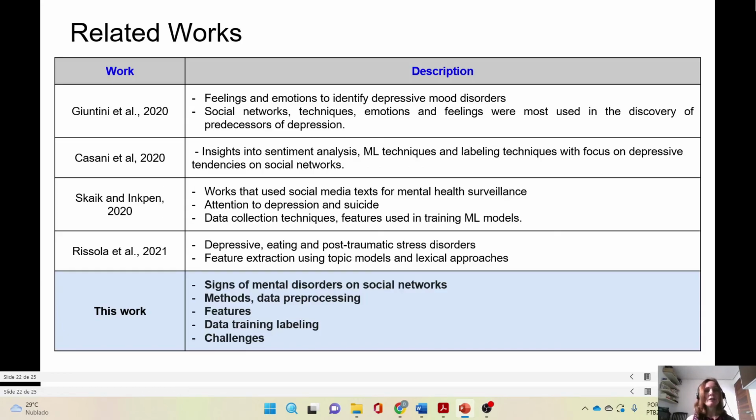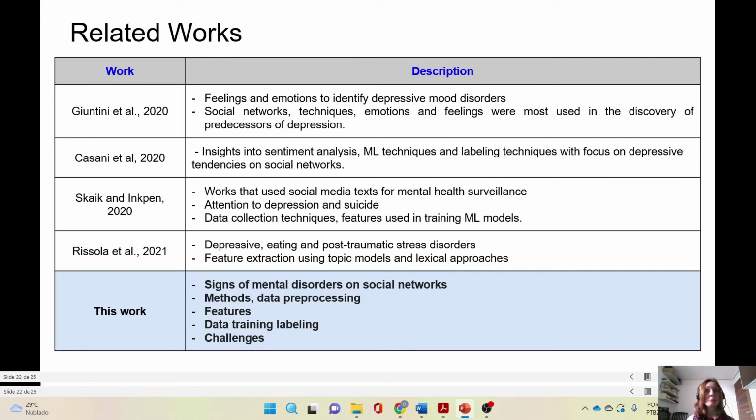Comparing our work with other related ones, we can identify that we provide signs of mental disorders on social networks, differently from other ones which have focused only on depressive mood disorders. We also try to include any kinds of methods and data preprocessing strategies.